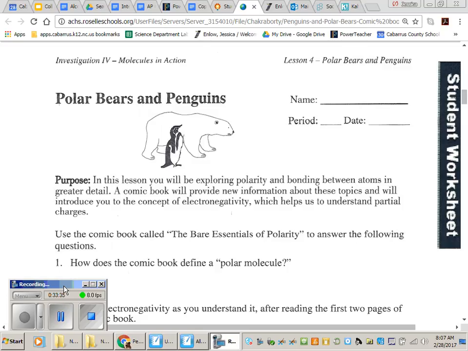So that would be an interior molecule, isn't a dipole. It's not a pole.